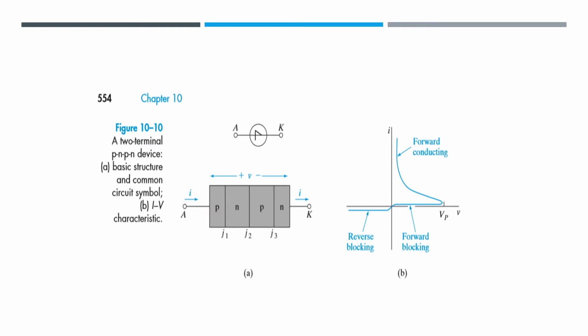Now this figure shows the operation of the PNPN diode. To understand this figure, we have to study its background. The SCR is a four-layer PNPN diode structure that effectively blocks current through two terminals until it is turned on by a small signal at the third terminal.